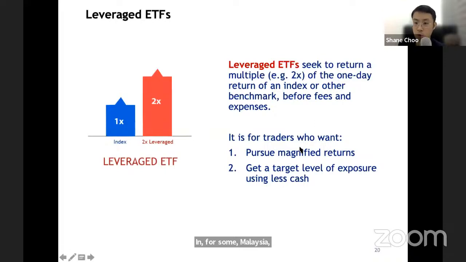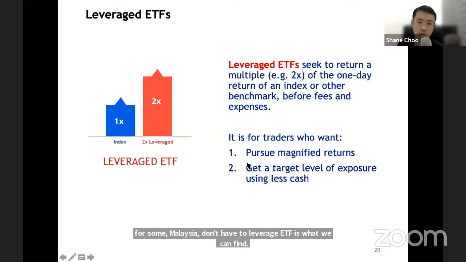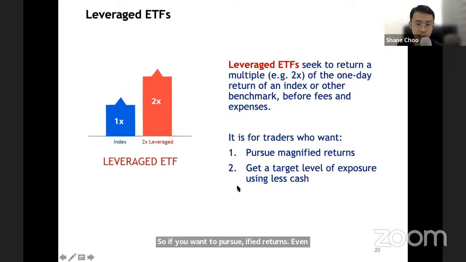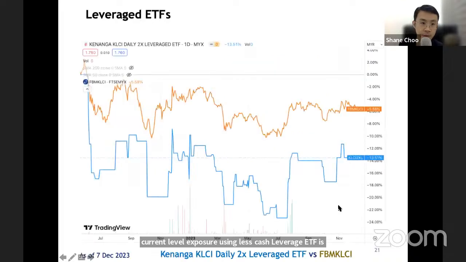So if you want to pursue magnified returns, or get a target level of exposure using less cash, leverage ETF is one instrument that you can consider. This is an example of the 2 times leverage ETF that is issued by Kenanga Investors. If you take a look at the return of the FBM KLCI, over the past year or so, it went down by negative 5%.